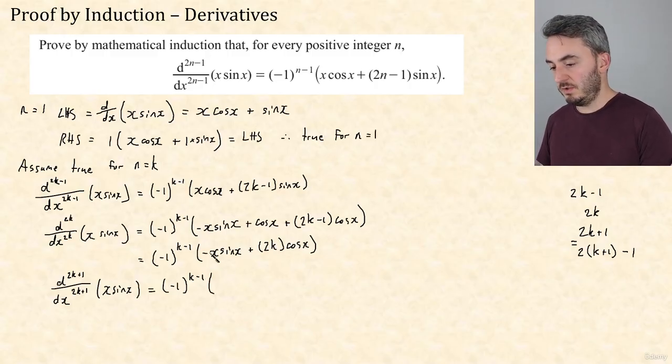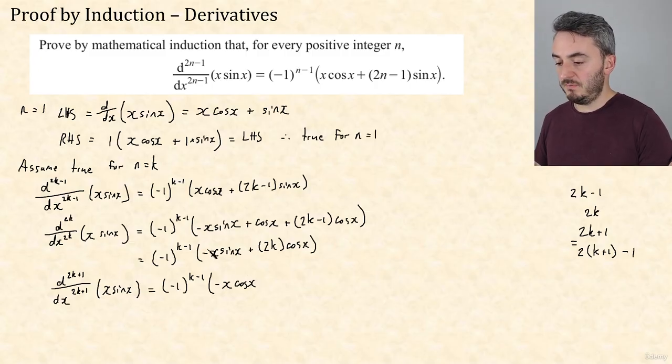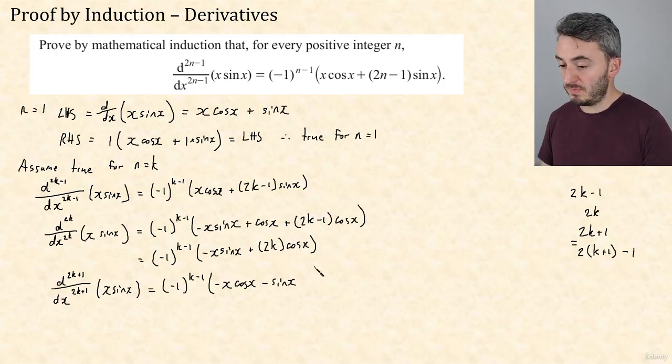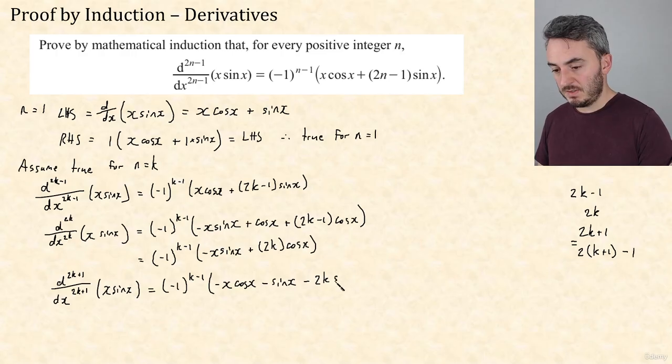So that's uv, so uv dash gets me minus x cos x, and then u dash v is minus 1 times sine x, so minus sine x. Then let's just differentiate cos, which is minus sine, so that's minus 2k sine x. Okay, let's neaten this up.